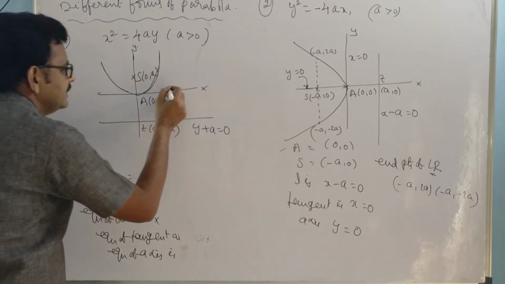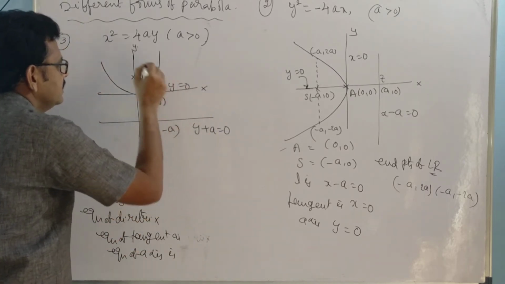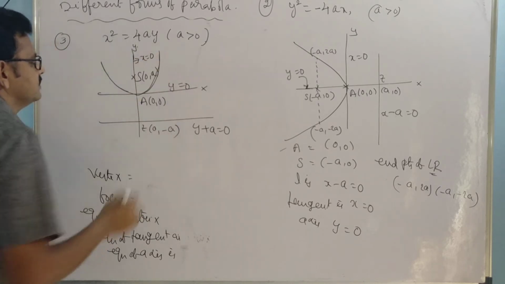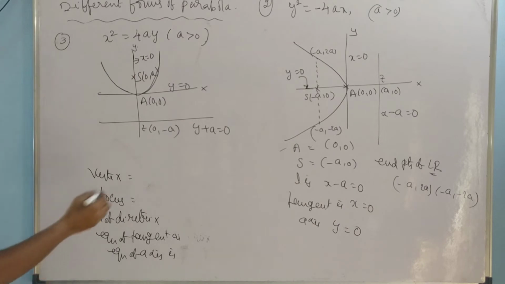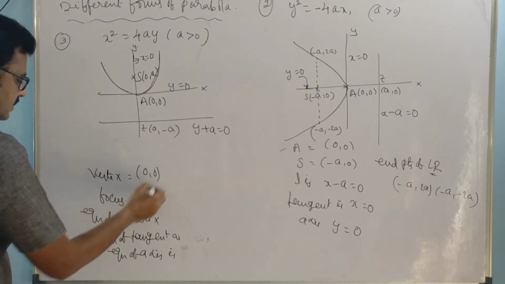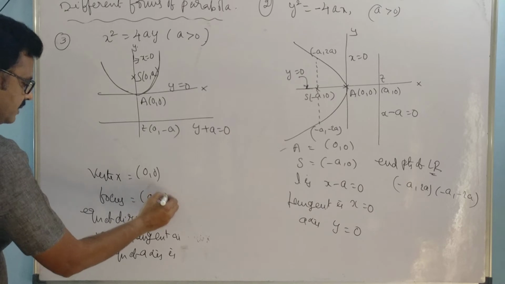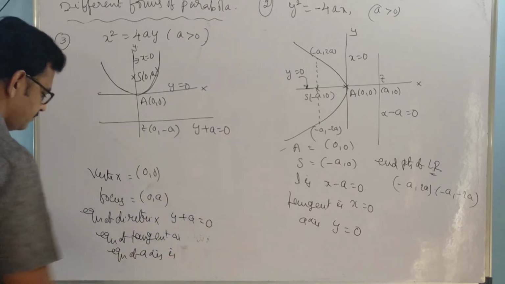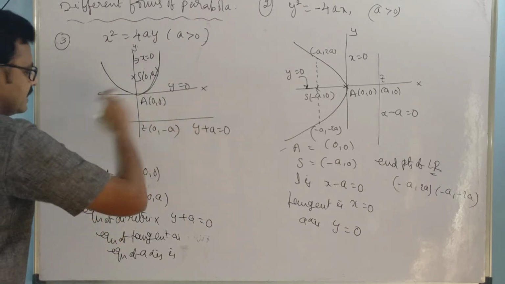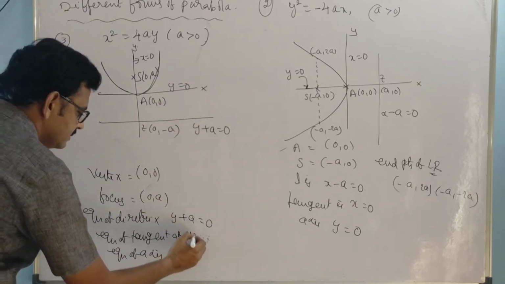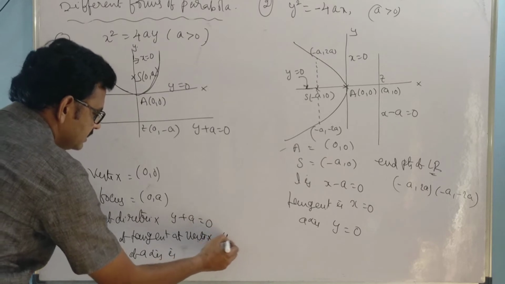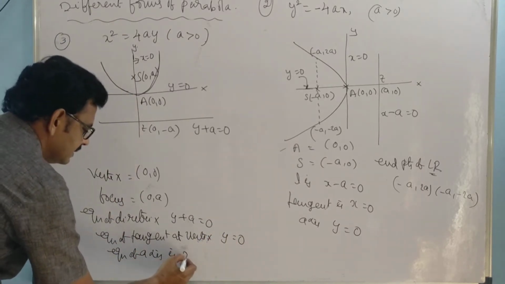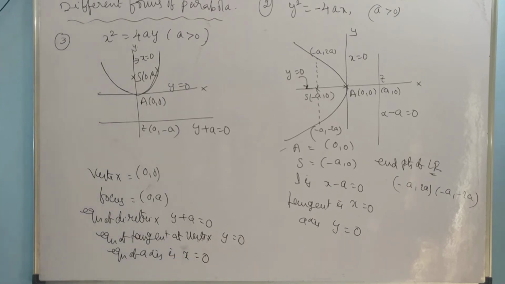Equation of tangent at vertex y equal to 0. This is called the axis. Equation of axis x equal to 0.